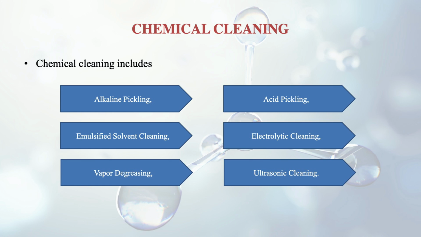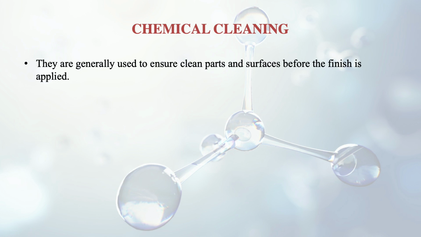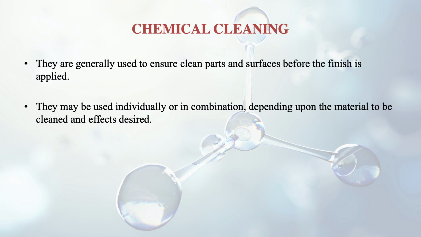These are generally used to ensure clean parts and surfaces before any kind of finish is applied. They may be used individually or in combination, depending upon the material to be cleaned and the effects that we desire. So we may use only one of them, or we may use 2 or 3 in combination.